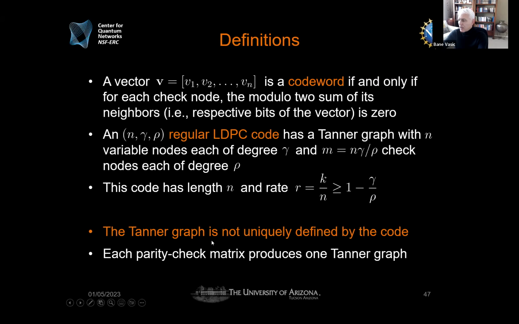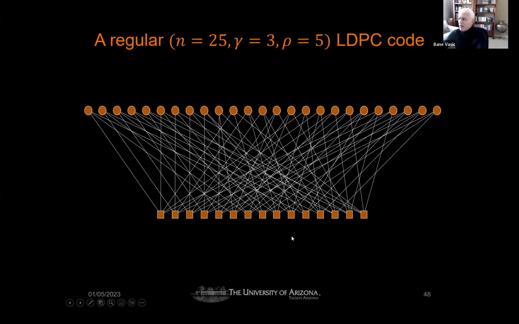But the Tanner graph is not uniquely defined by the code. It is defined by a given parity check matrix. So here is one example of our regular code with 25 variable nodes and degrees of variable nodes and check nodes of 3 and 5.